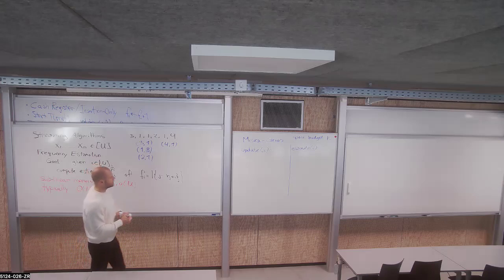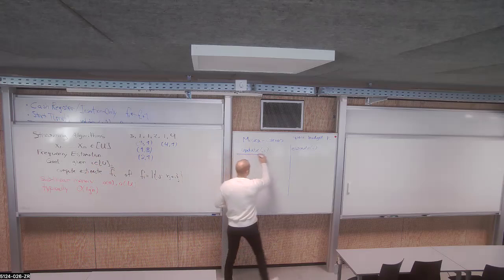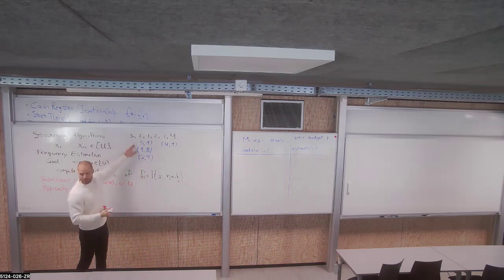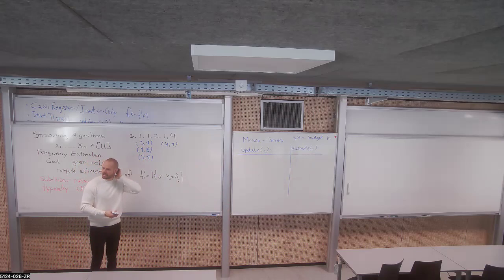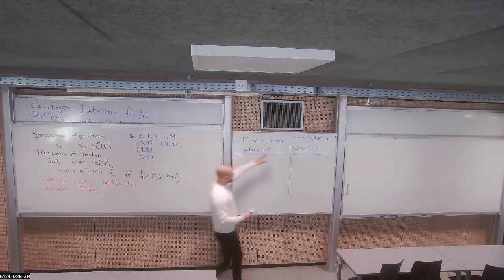So what is the idea? The idea is that it maintains a set of counters, like the example up here, where the key 3 appears once, the key 1 appears 3 times, and so on. It will store such a set of counters, but the promise is that it will never store more than k counters.